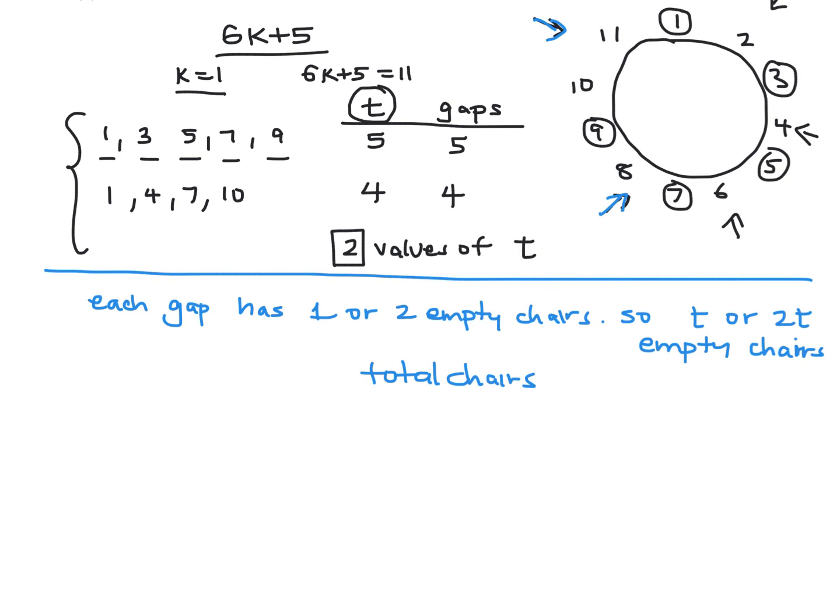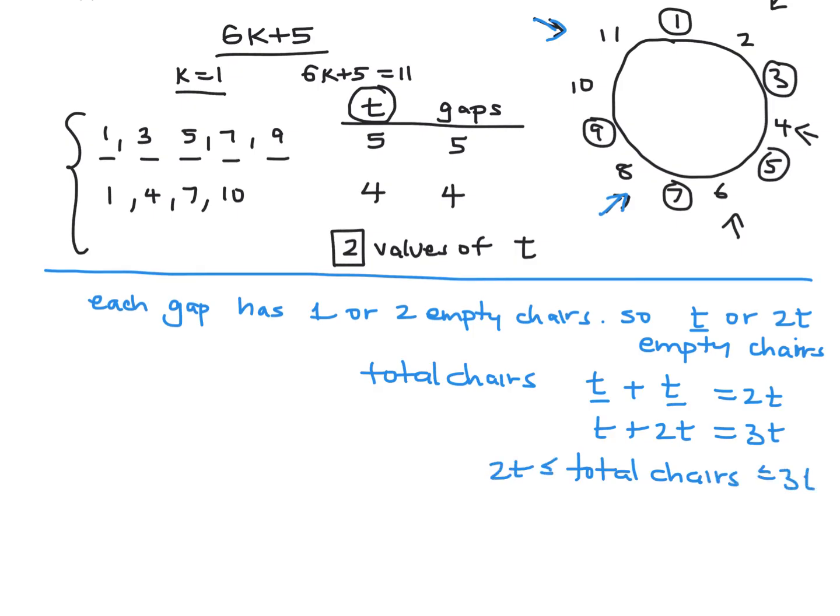The number of chairs with people is T, and the number of empty chairs is either T or 2T. So the total number of chairs is either T plus T or T plus 2T. This represents the number of chairs with people, and this represents the number of chairs without people. So it's either 2T or 3T. Got it? So total chairs is between 2T and 3T, like that.